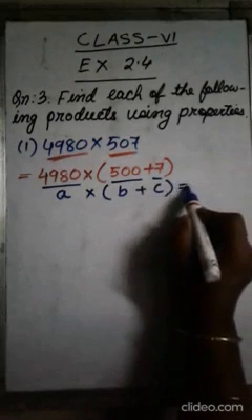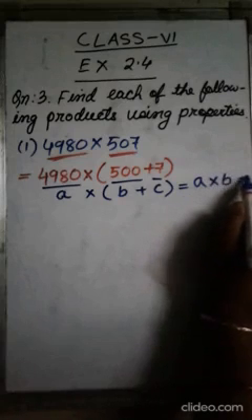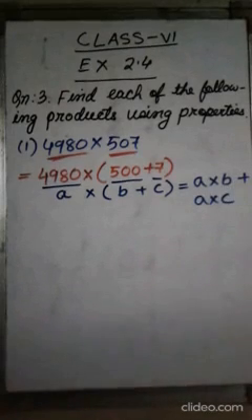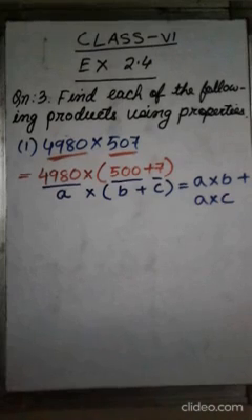What is this? This is nothing but A into B plus A into C. This is the distributive property of multiplication over addition.